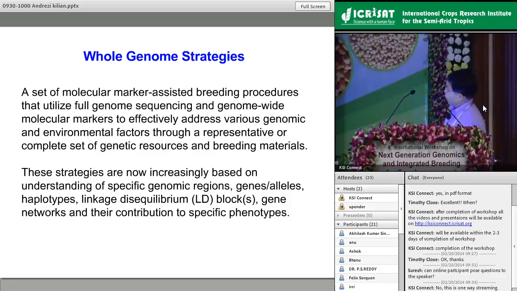This is a long definition. So actually, it's 3 important strategies that are now increased based on the understanding of genetic specific genomic regions, genes and new haplotypes, LD blocks, gene networks, and their contribution to specific phenotype.